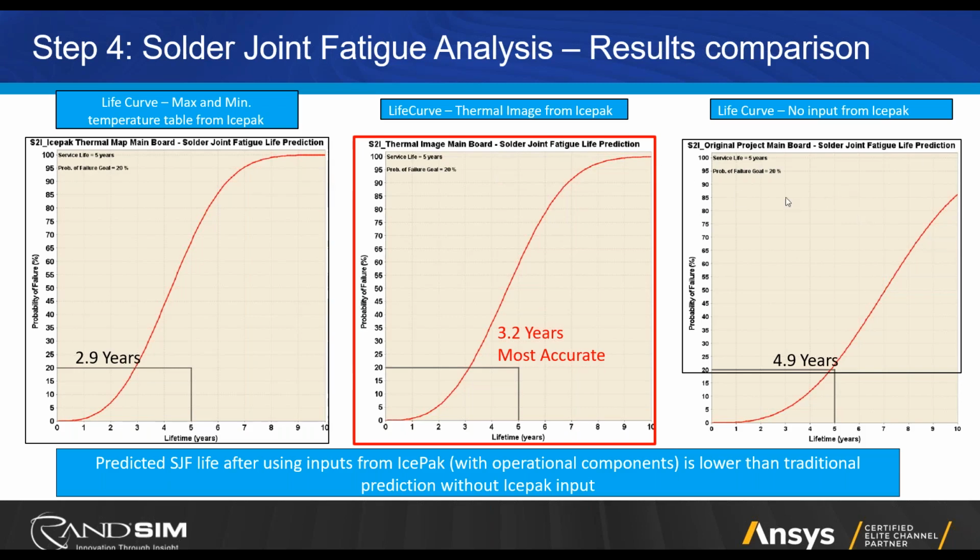And we have the just ambient temperature Sherlock simulation, which doesn't take into account the electrical performance, like the heat caused by dissipating current. As you can see, the thermal map is failing first, hitting 20% of designs failing at 2.9 years. That happens for the thermal image simulation at 3.2 years, and with no input at 4.9 years.